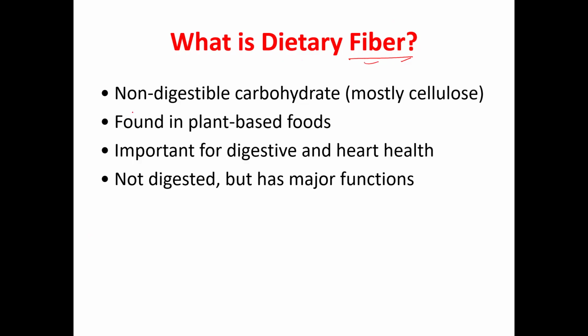A fiber is a non-digestible carbohydrate, a kind of macromolecule, mostly cellulose, found in plant-based foods, important for digestive and heart health. Not digested, but it has a major function: digestion and giving a feeling of fullness.